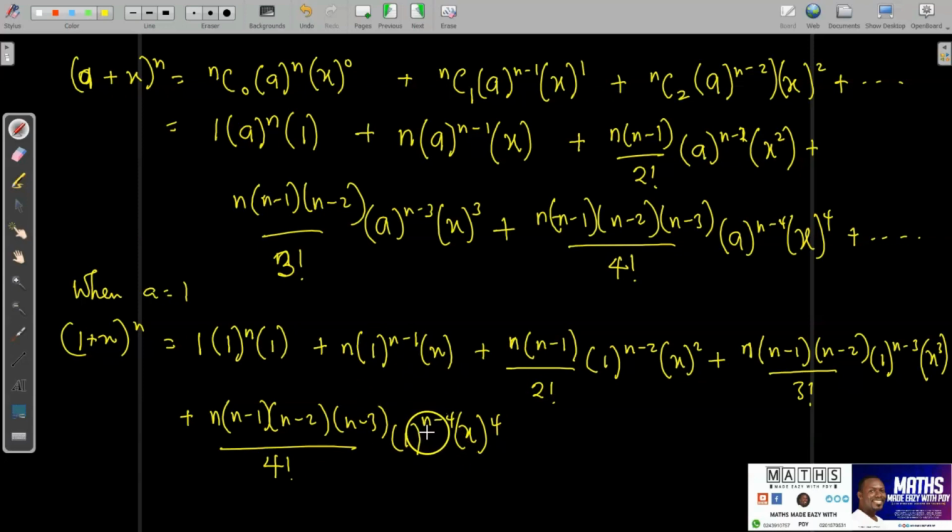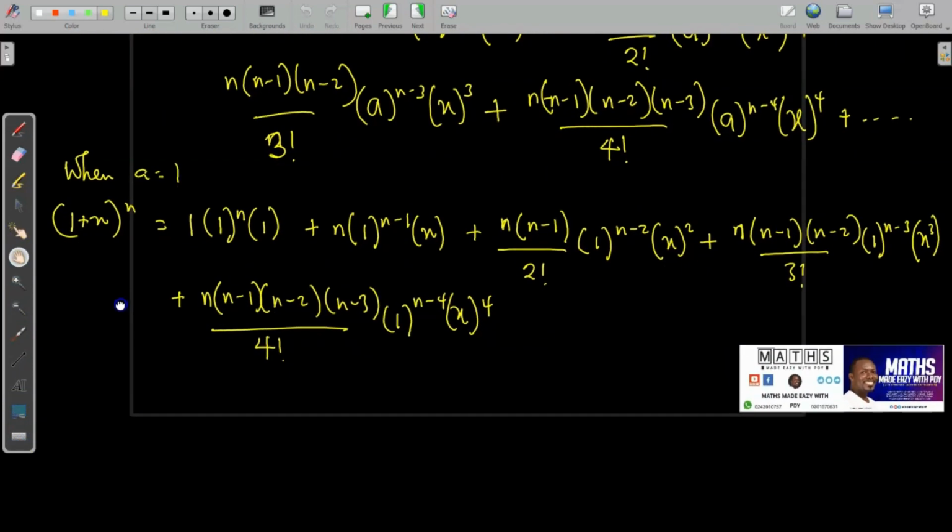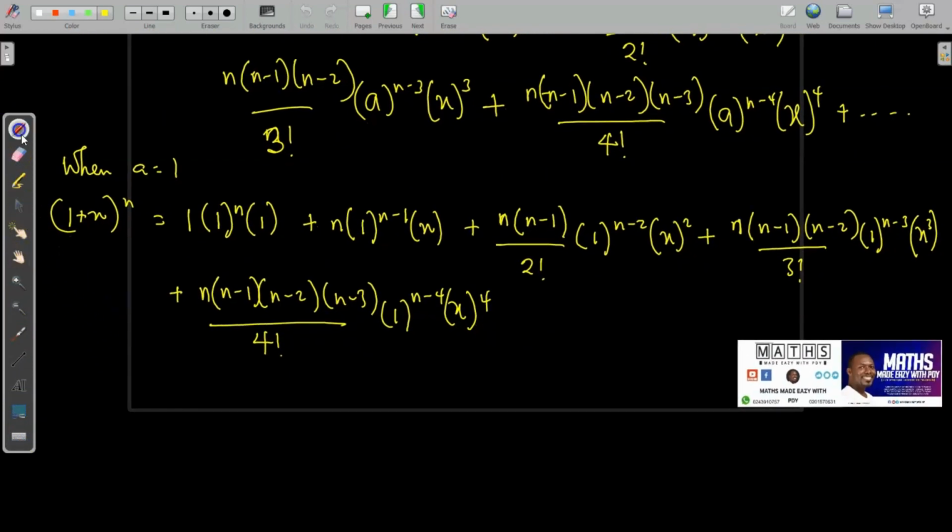Okay, so we are going to simplify this one. Let me see if I have space. Okay, I don't have space, so I'll have to scroll this up a bit so that I write the final answer. 1 to the power n is the same as 1, right? Because as n becomes large, whatever the index may be, it's still going to be 1.